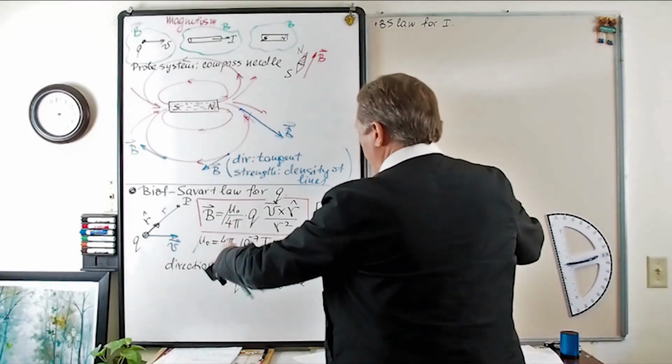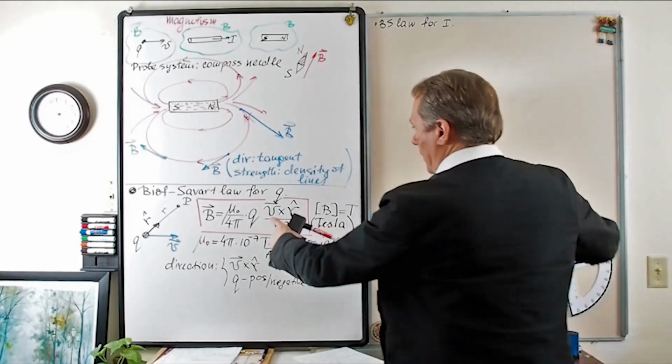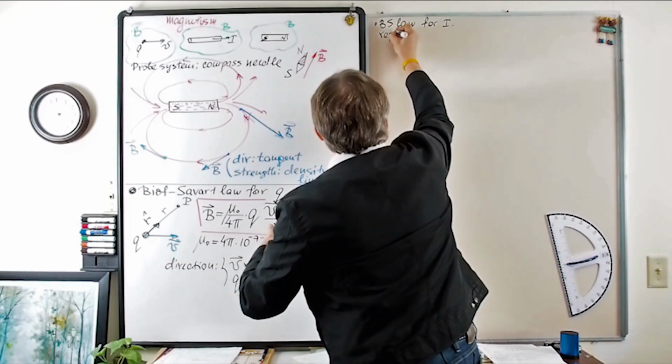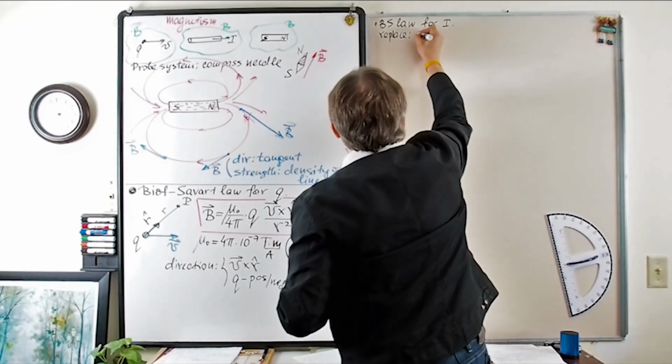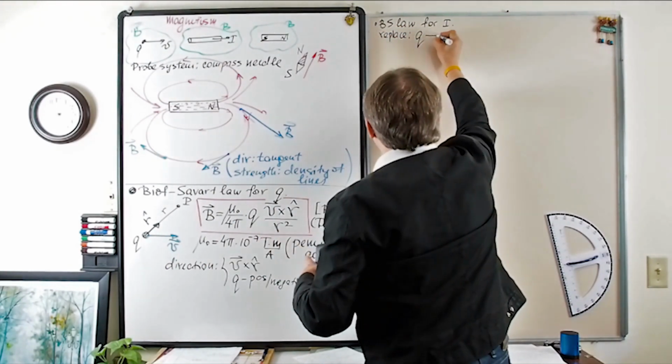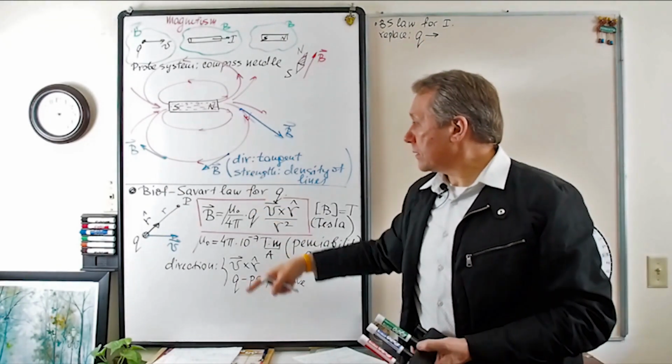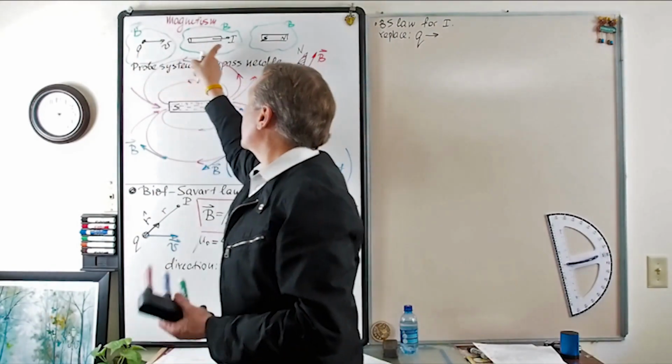So, mu naught over 4 pi, we cannot change that. We have to replace charge in this formula logically with current. So charge here, current there.